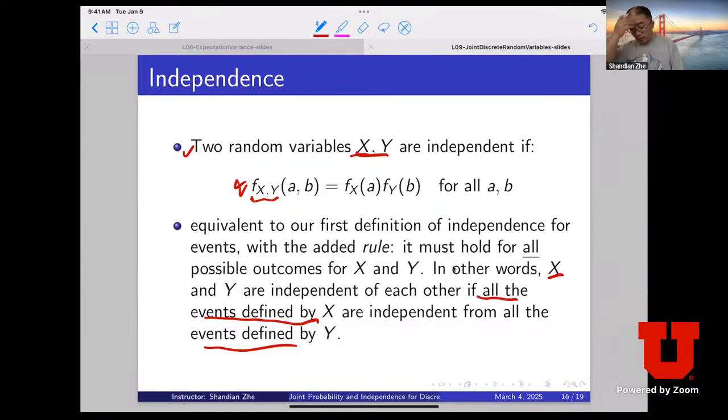So what does it mean for all the events defined by X? It means if I take a look at an event like X belongs to some set A, this is a type of event. And all the events defined by Y are events that Y belongs to some set B. A and B are just arbitrary sets.